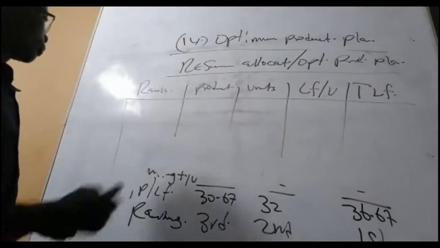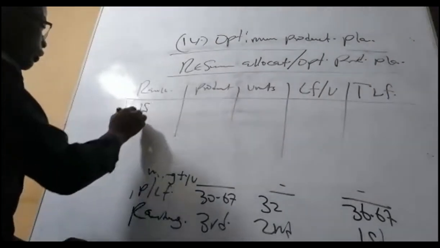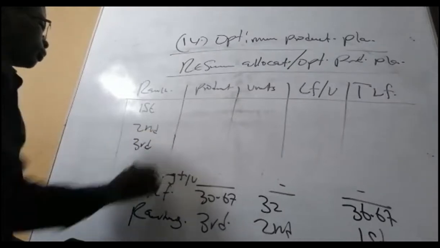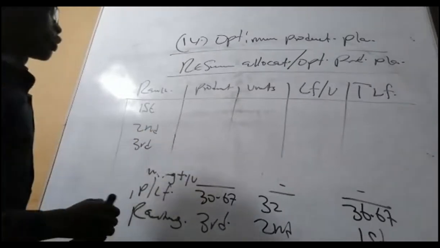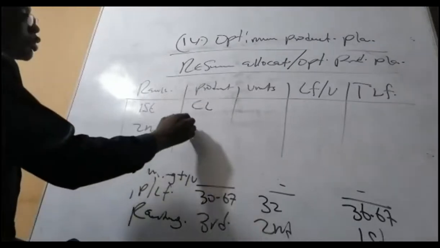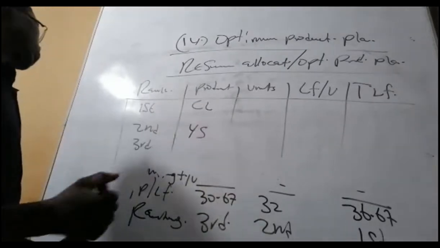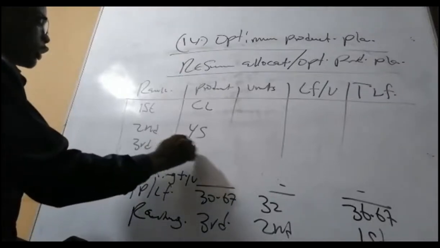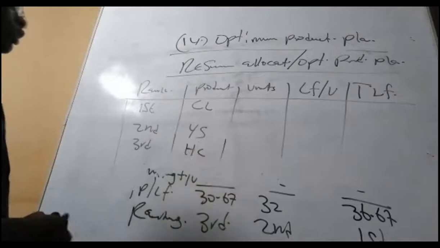So as usual, first, second, third. The first one was the CL, then the third one was HC. Good.